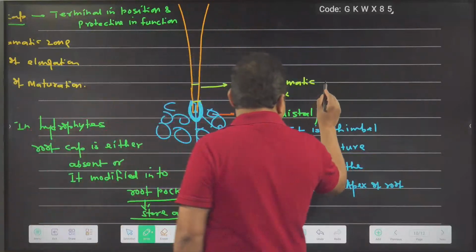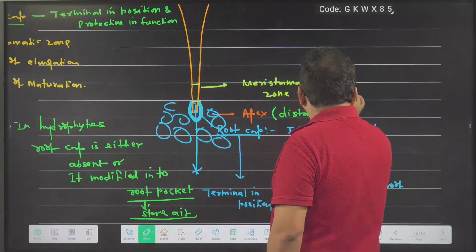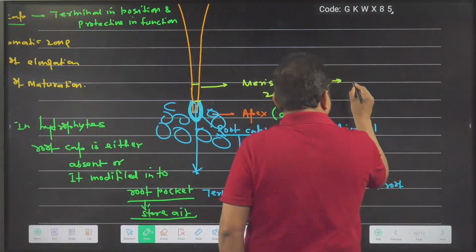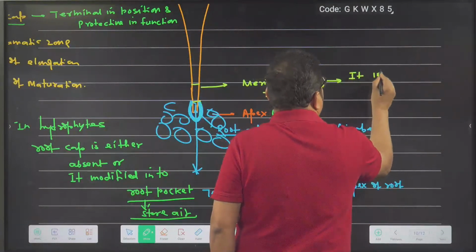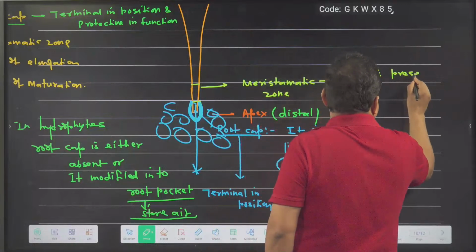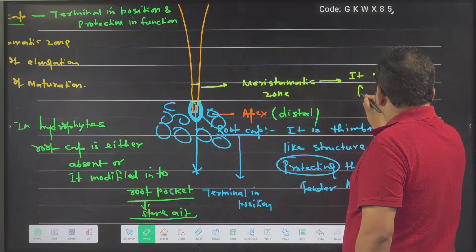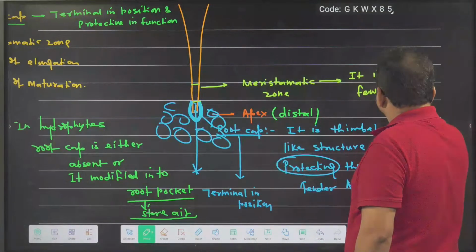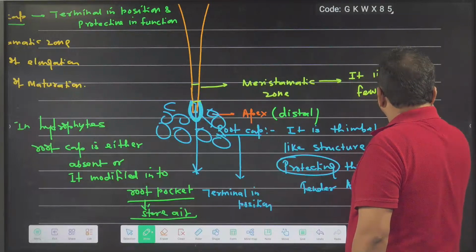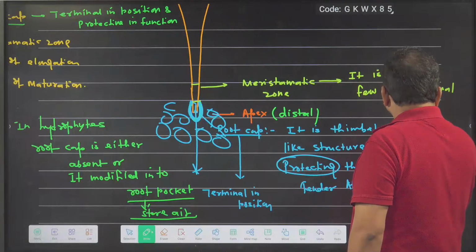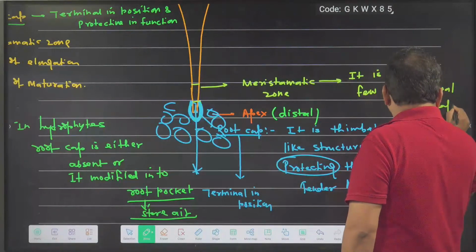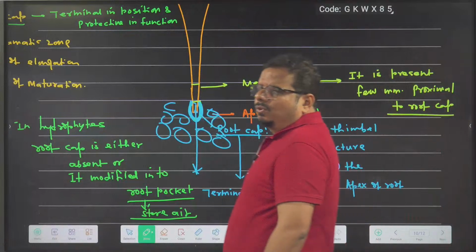Where is this zone of meristematic activity present? NCERT told it is present few millimeter proximal to root cap.